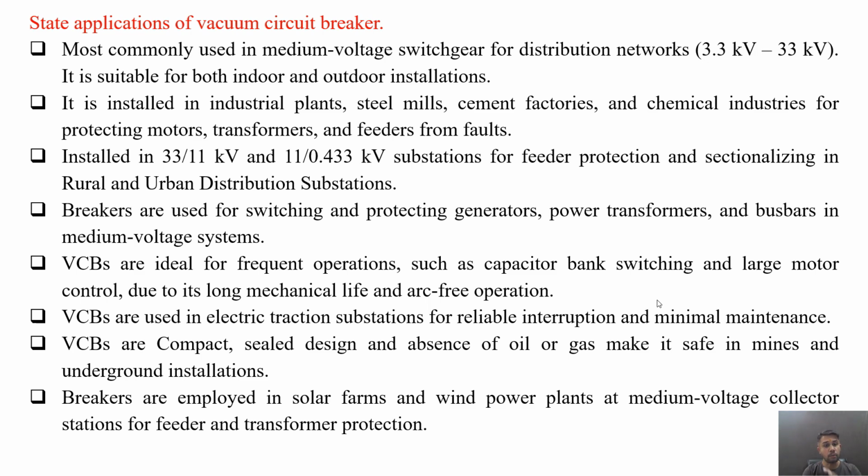These VCBs are compact, sealed design, and absence of oil or gas makes them safe in mines and underground installations. Breakers are employed in solar farms and wind power plants at medium voltage collector stations for feeder and transformer protection. So these are some applications of VCB.